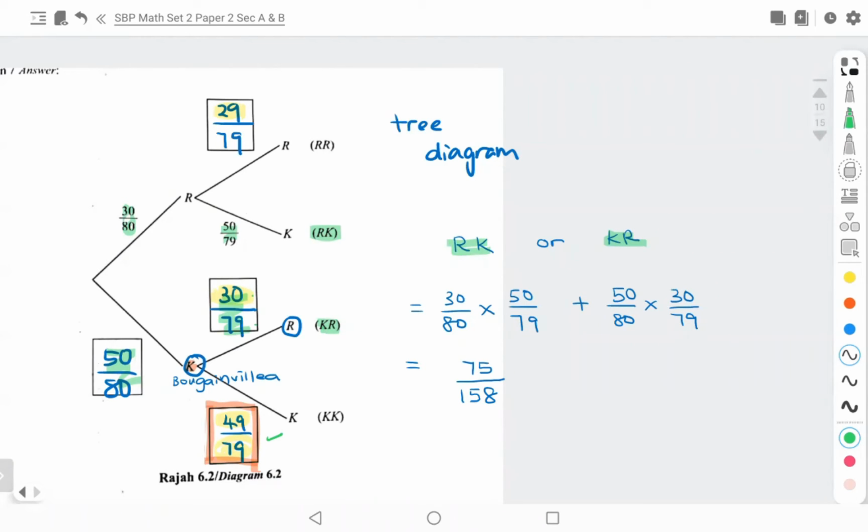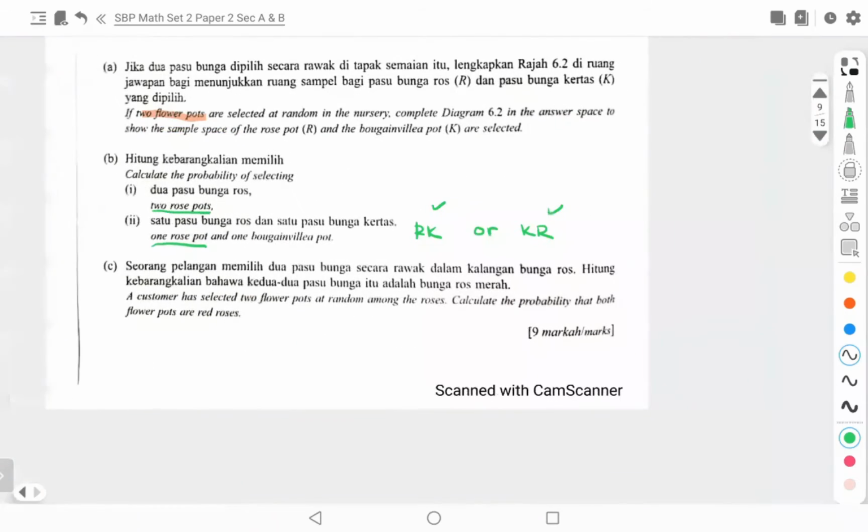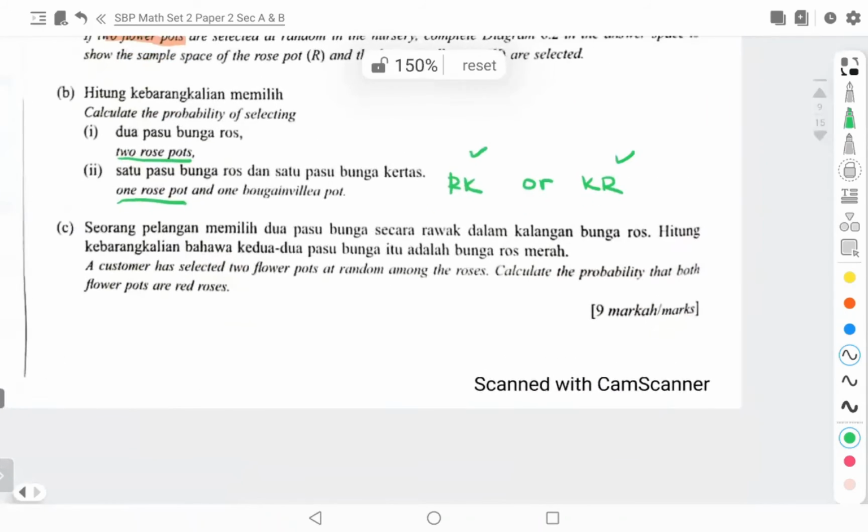Okay, we go back to the question. For C, a customer has selected 2 flower pots at random among the roses. Now look at the question: they only choose among the roses. Calculate the probability that both flower pots are red roses.